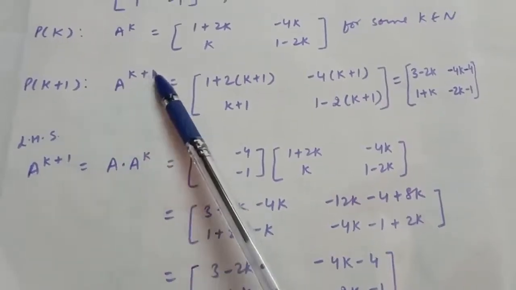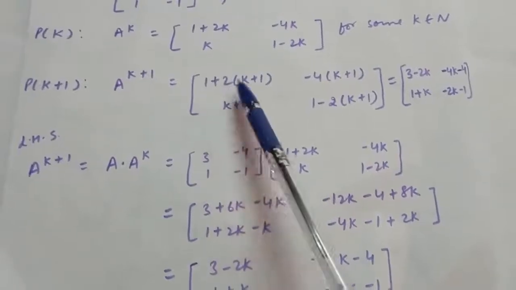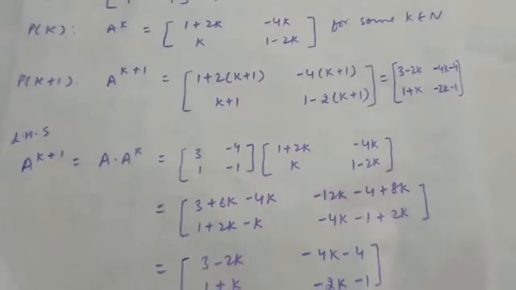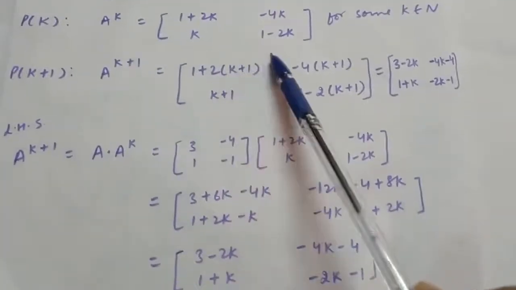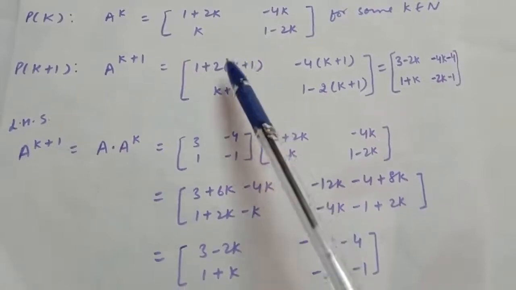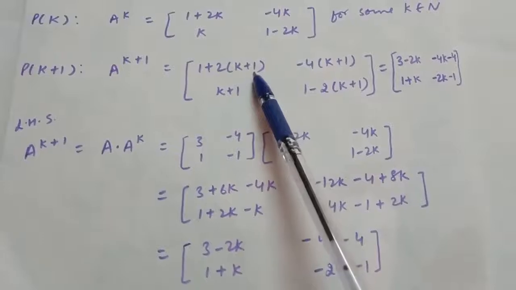So A raised to the power k plus 1 is equal to 1 plus 2 into, in place of k, put k plus 1. Also mark this bracket, otherwise you will multiply 2 with this k only, but you have to multiply 2 with k and 2 with this 1 also, right?